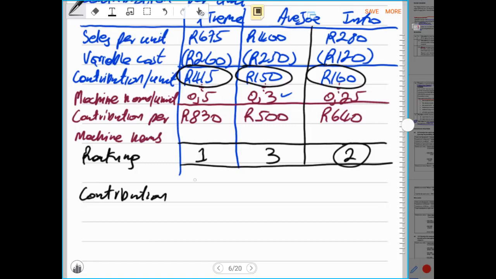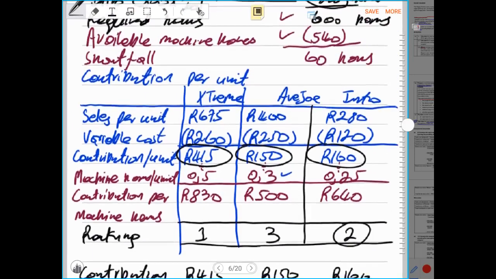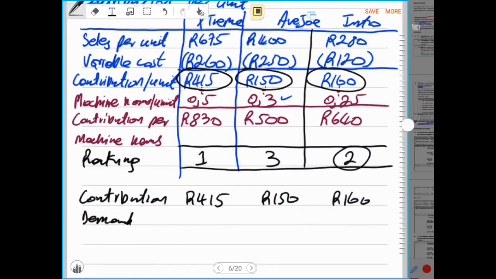And we say contribution, and our contribution will be calculated, or let me just take it as it is, 415, 150 first, and 160. Then I will say demand, meaning units that will be manufactured. Here we'll manufacture all the units that we intended to manufacture.